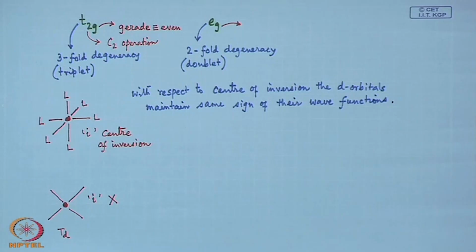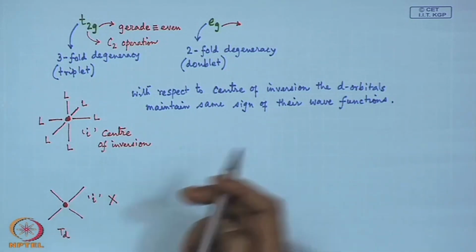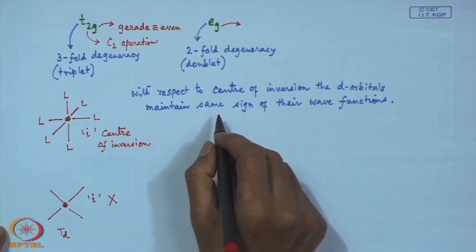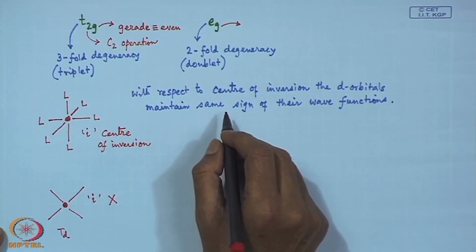That is why under this crystal field, the two sets of these orbitals, the T2G set and the EG set, will be labeled with the G level, that means the even level.